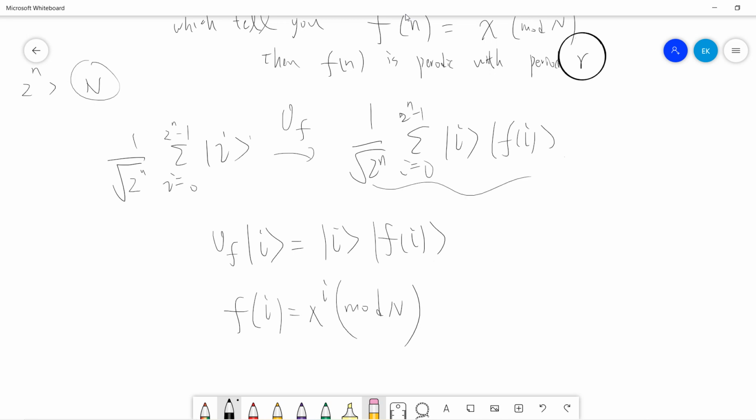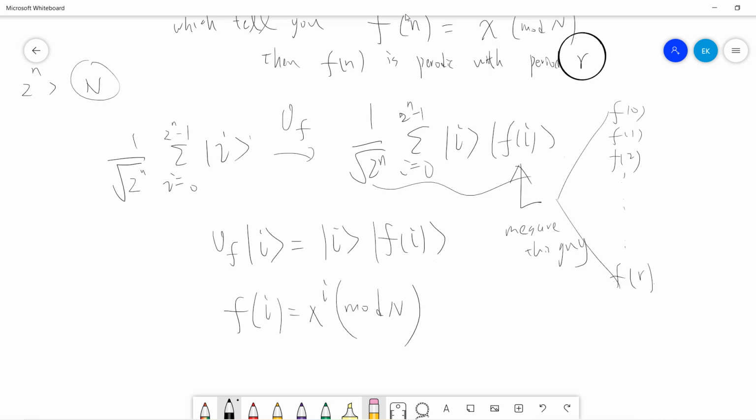Okay, so now you have a very good starting point. And the idea is that if you measure this, then we know that f of i is a periodic function with period r. So let's say we have f0, f1, f2, up to some point, let's say f_r. So f_r is the same as f0, so it will repeat.